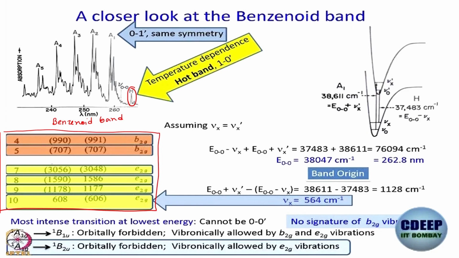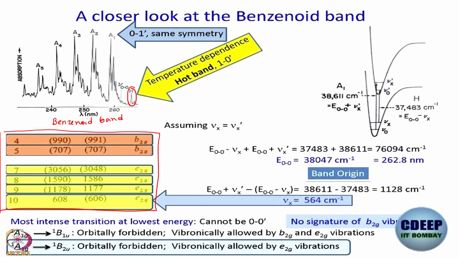Generally the vibrational level v equals 1 is not accessible at room temperature. Only at higher temperature is it accessible, so you can see the transition from v equals 1 to 0 at higher temperature only, and that is why it is called the hot band. So you have a very faint hot band around the 270 to 265 region, right? That band is actually your hot band.